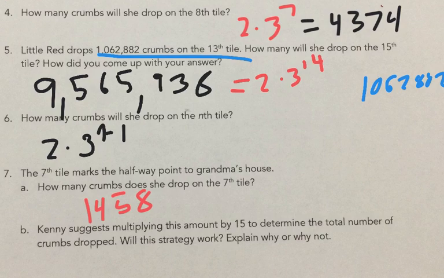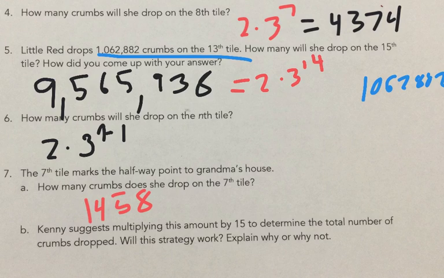So the sum will definitely be bigger than what Kenny thinks. And you could have kind of figured that out already from the information you knew. This is about 1,500 crumbs. So in my head real quick, if I did 1,500 times 15, that would be 15,000, and then 7,000.